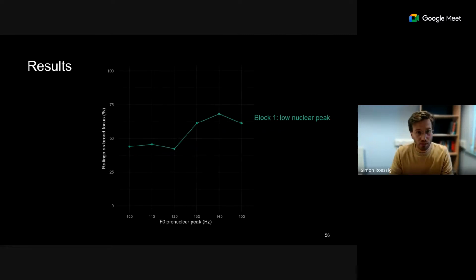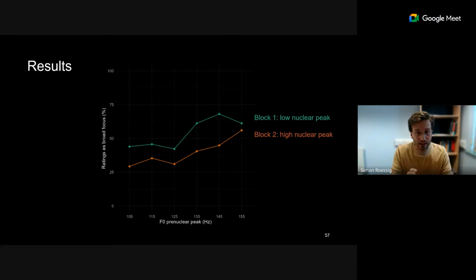And these are the results for block 1. Remember, block 1 is the one with the lower nuclear peak. Well, as you can see, it's not a monotonic increase, but there seems to be a certain effect, a certain upward trend here. So when we move to the right on the x-axis to higher prenuclear peaks, we do get slightly more ratings for broad focus.